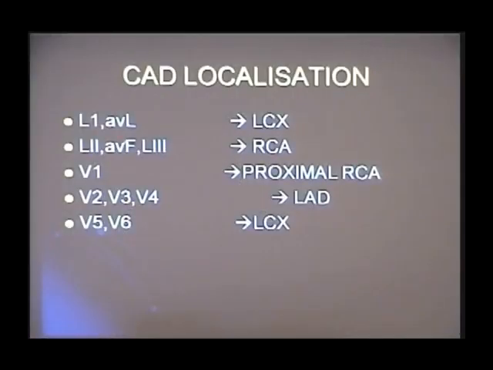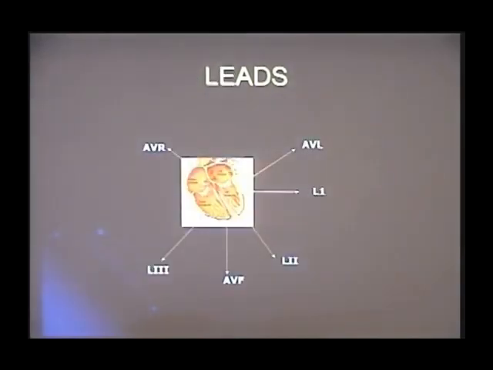So L1 AVL is circumflex, L2 AVF L3 is right coronary artery, V1 is proximal right coronary artery, V2, V3, V4 is left anterior descending artery, V5, V6 is circumflex artery. So now we have seen both the important purposes of lead systems. We have looked at the surfaces, we have looked at the coronary artery territories.